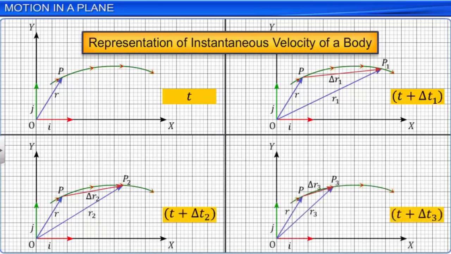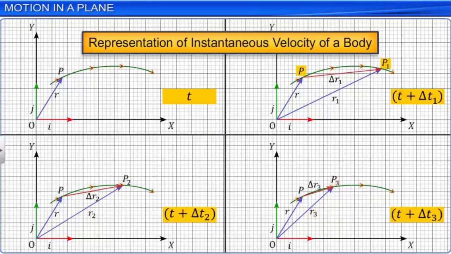The position vectors of these various points are: P is r, P1 is r1, P2 is r2, and P3 is r3. The displacement vectors with respect to point P are as follows. At point P1, its displacement is delta r1.